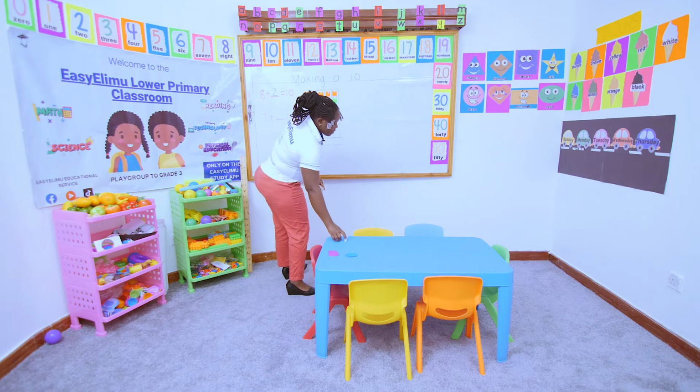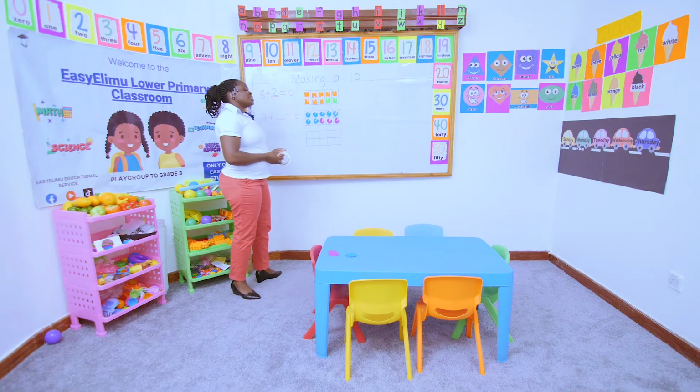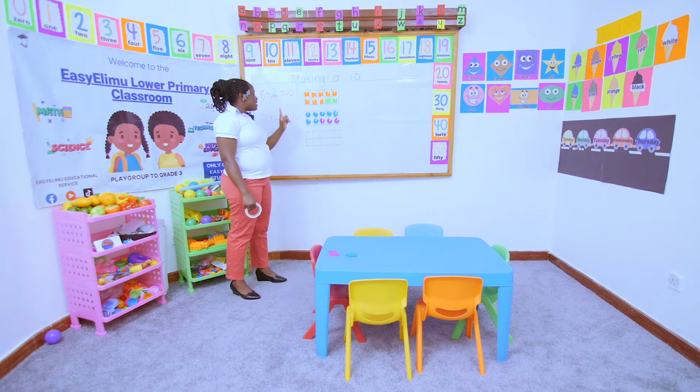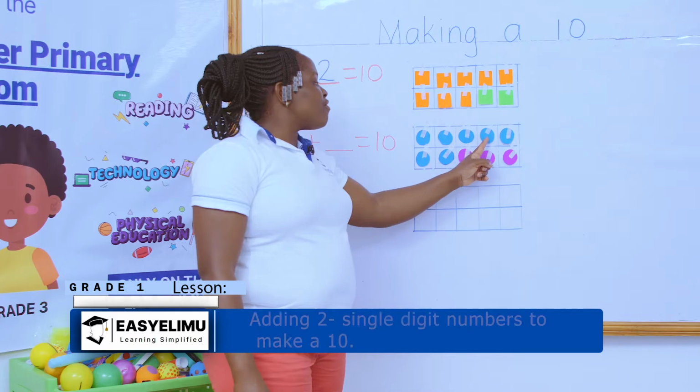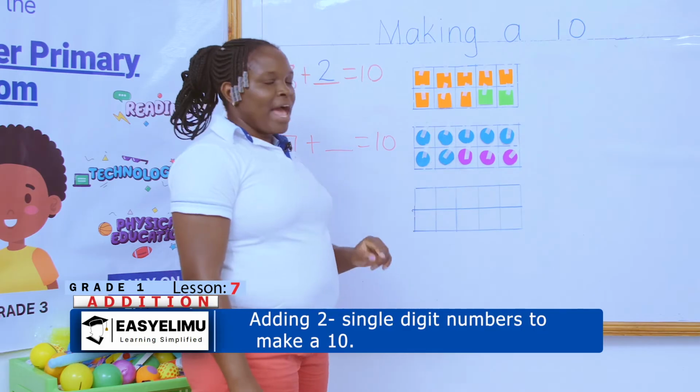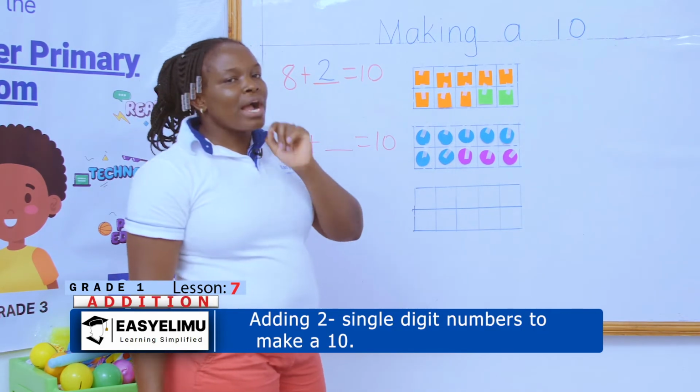So I am able to see the difference between the counters that I had, 1, 2, 3, 4, 5, 6, 7, and the ones that I added. When I realized that the counters were not enough, I had to look for more counters.